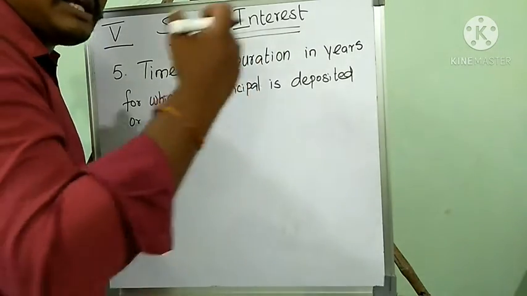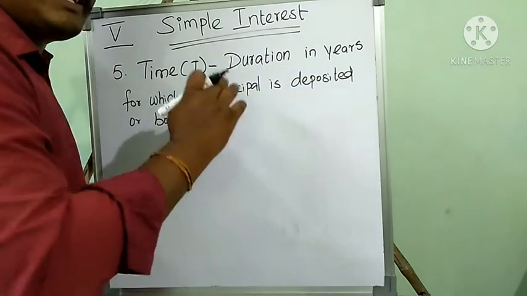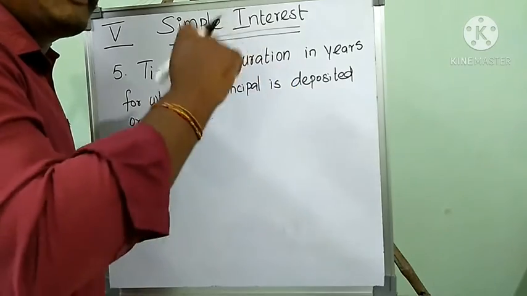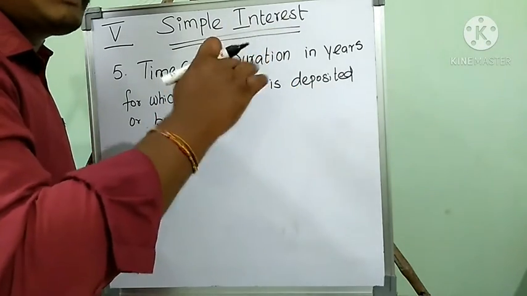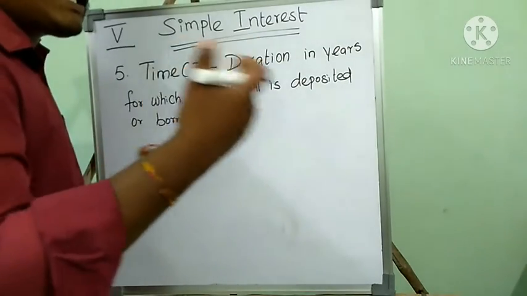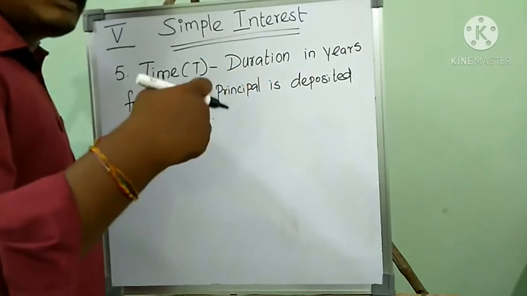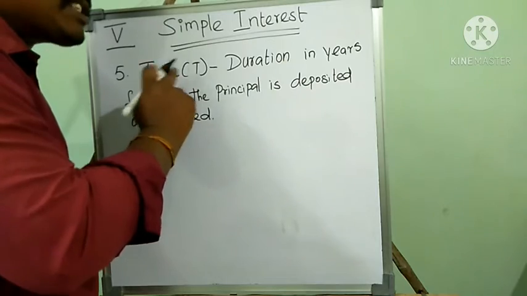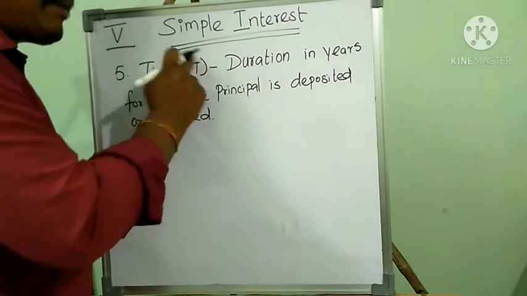If you deposit or borrow any amount from a bank, after 1 year or 2 years or 3 years, you have to pay some extra amount. That is time, and we denote it by T. They will give some amount based on the duration for which you deposit or borrow. We denote it by T.